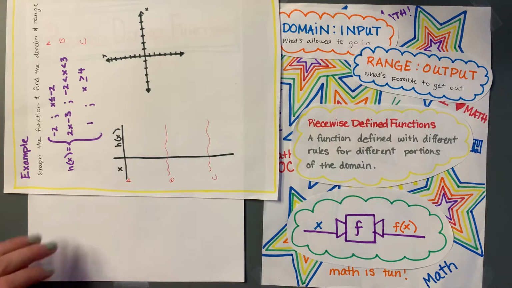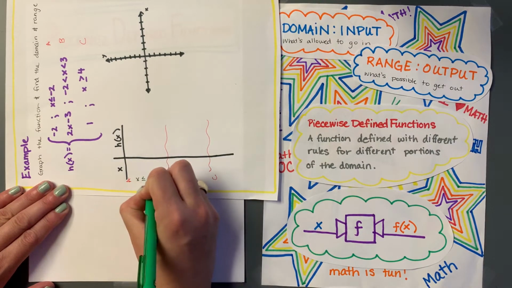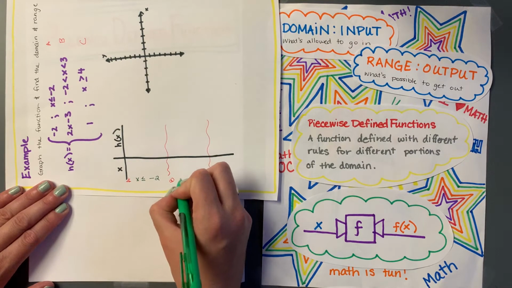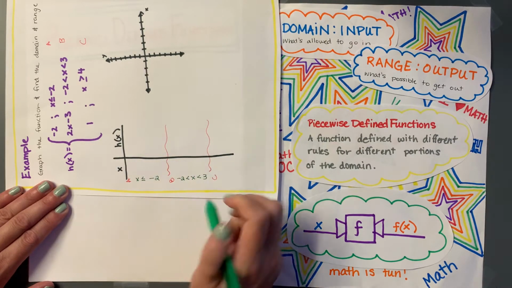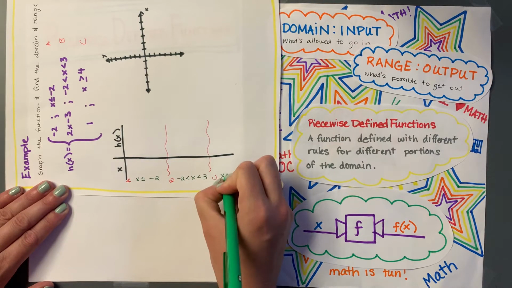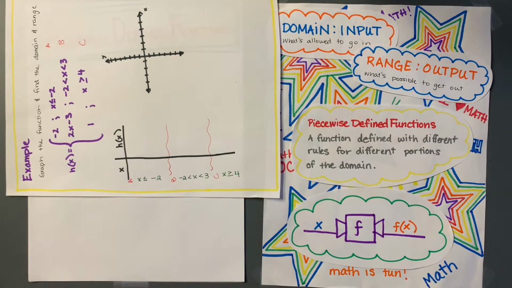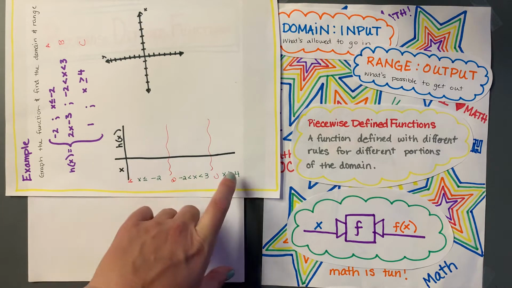So my first domain I have here is x is less than or equal to -2. Then I have -2 is less than x is less than 3. And then I have x is greater than or equal to 4. So I have my A domain, my B domain, and my C domain.